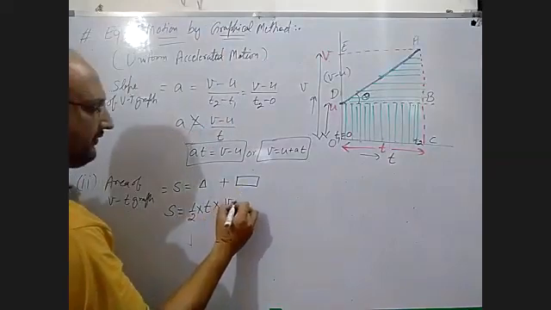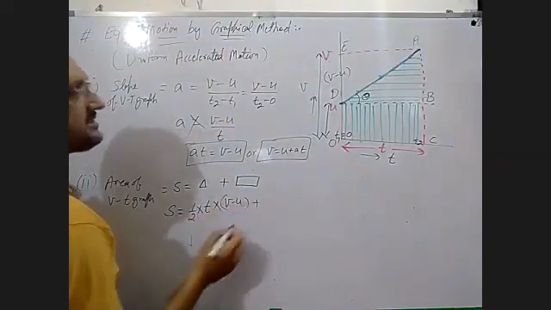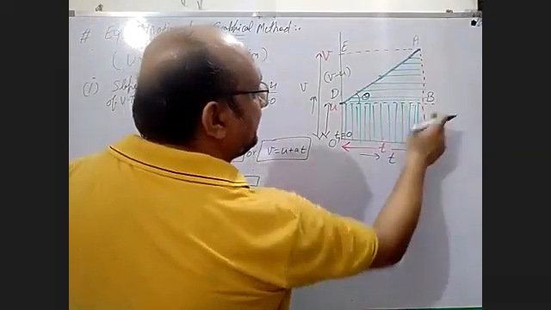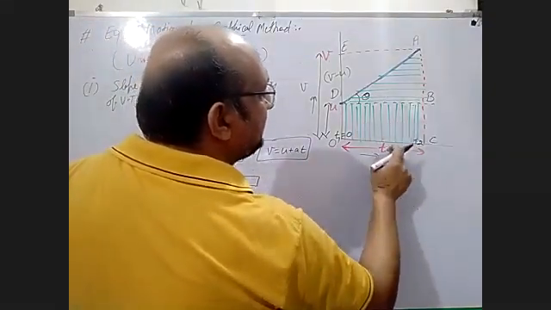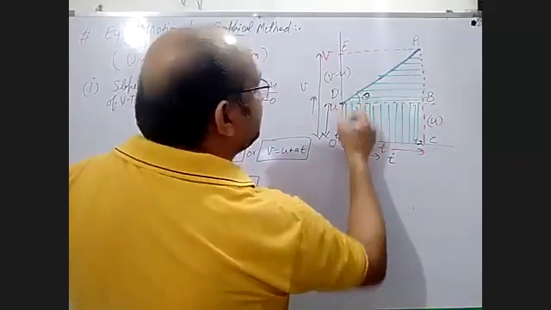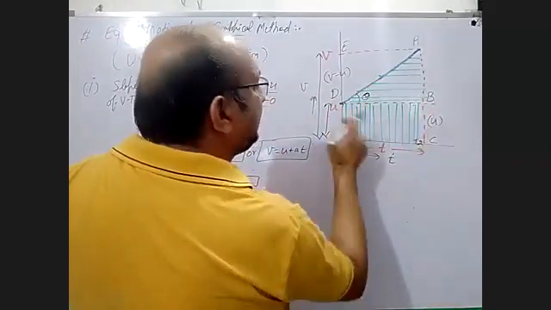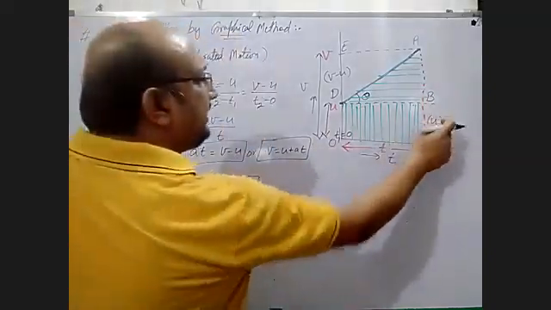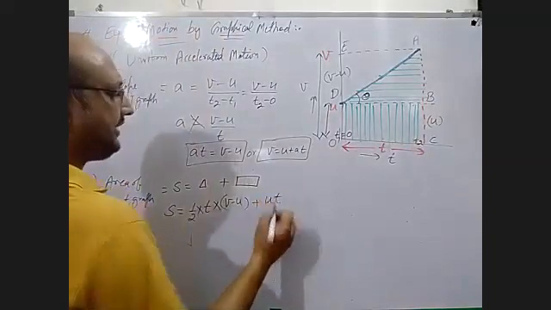Now take V minus U plus the rectangle. Area of rectangle is the product of adjacent sides. This is T, and this is only U, because this is U and this is U. You can take it from here or there, no problem. T into U means UT.